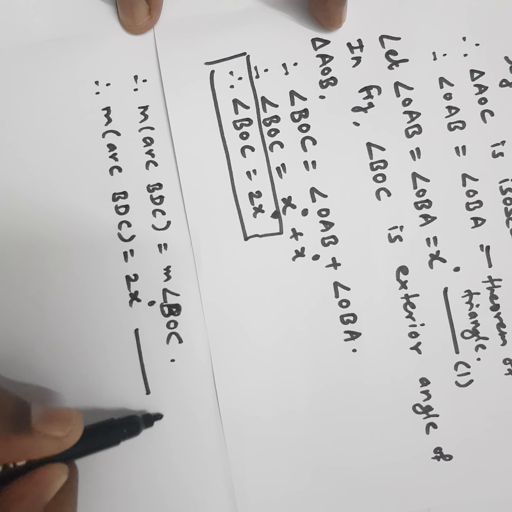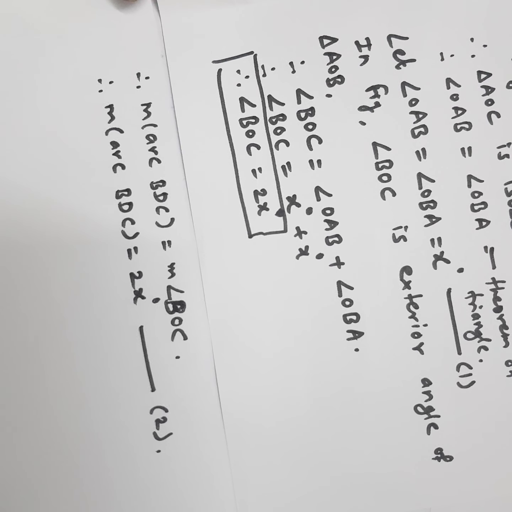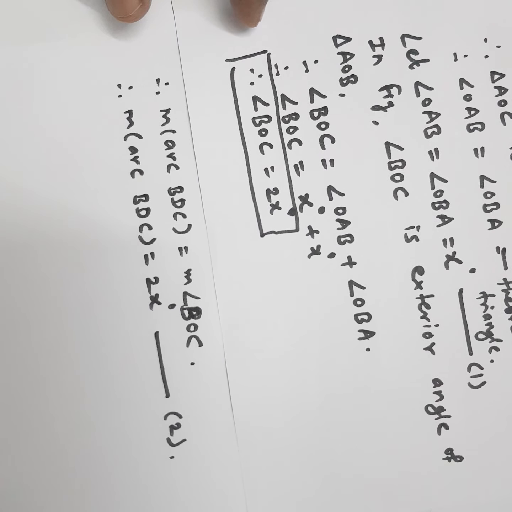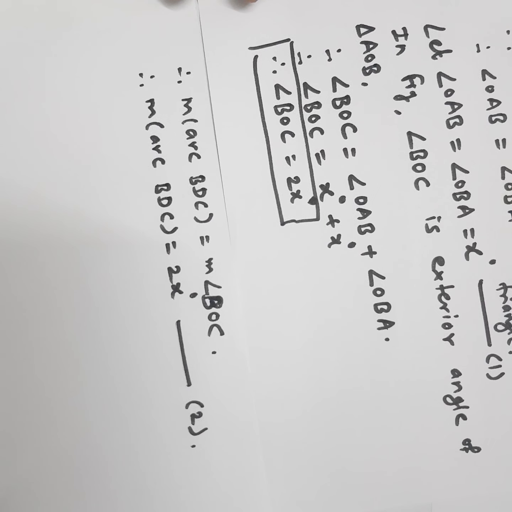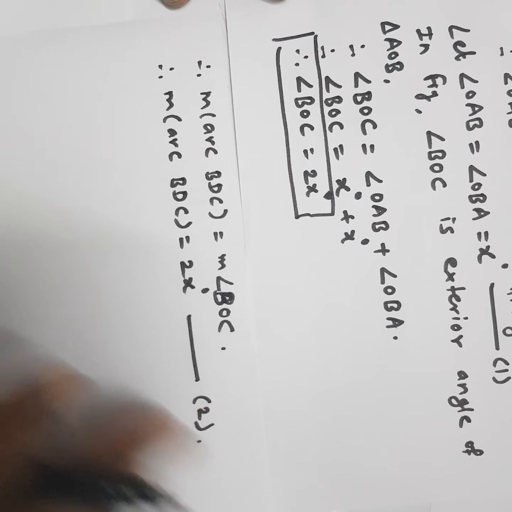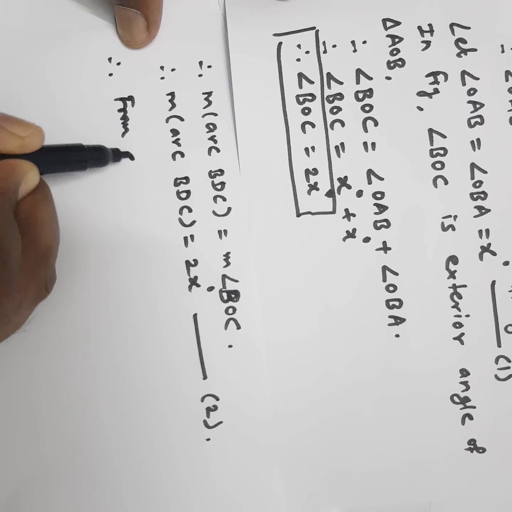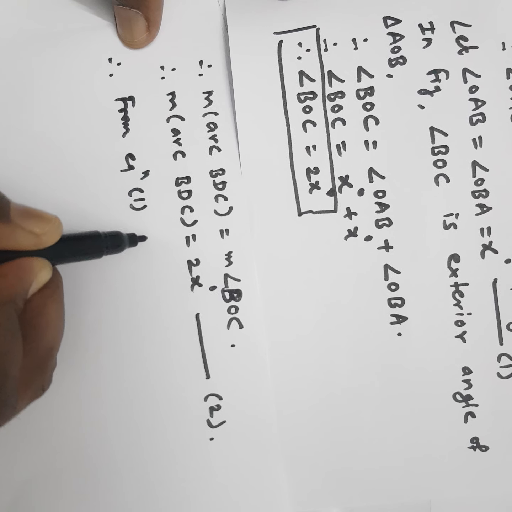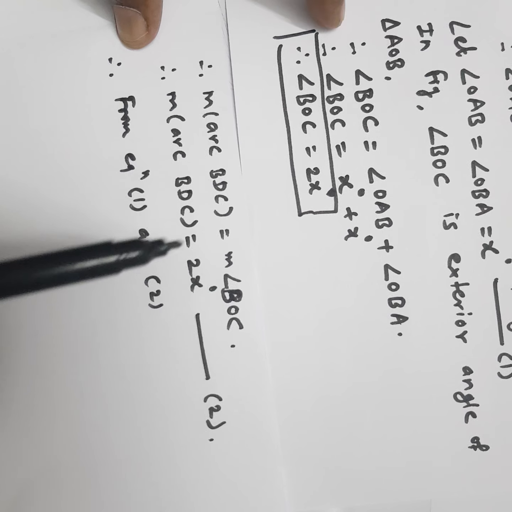We'll give this number two. This is the definition of measure of arc: measure of arc is equal to measure of its central angle. Therefore, from equation 1 and 2, what is equation 1?